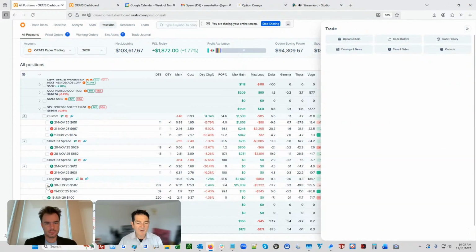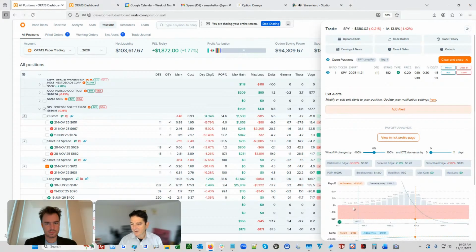But remember that 420. So if we look at 11 days out, here's a put where the lowest is 612. So you could tell that we're looking at a standard deviation based on the implied volatility right now in order to draw this graph.